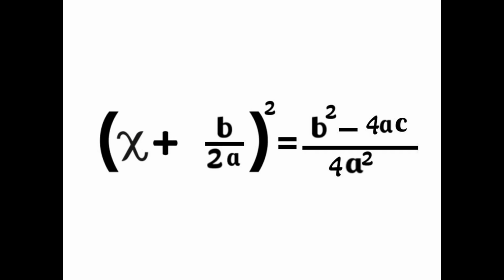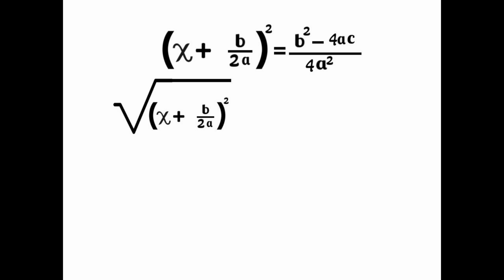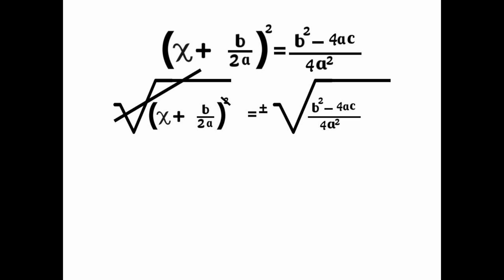At this point, we have to eliminate the square on the left hand side, and to do this we have to square root both sides. Square cancels square, and because we square root both sides, we have to introduce the symbol plus or minus on the right hand side.